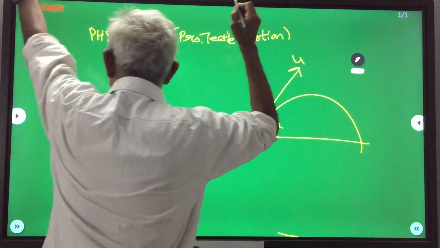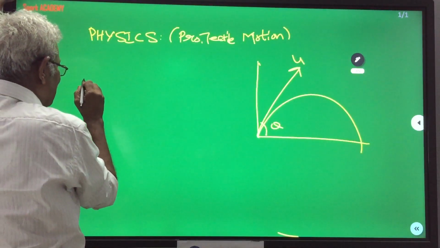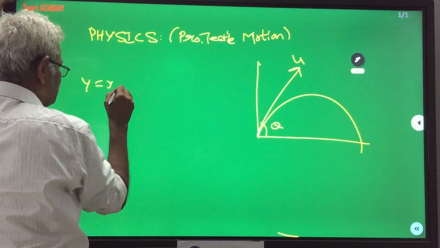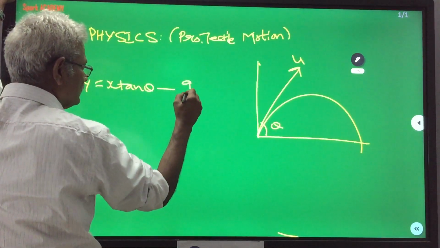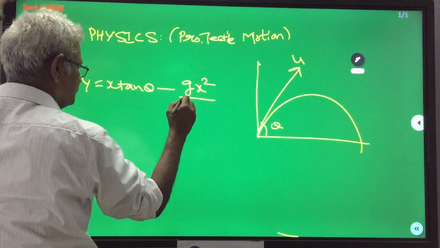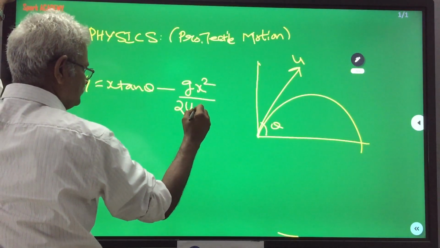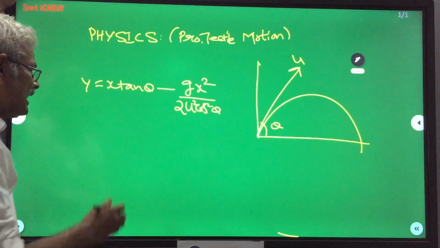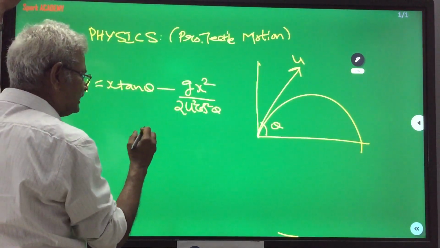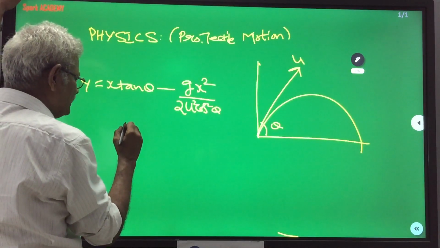I have written quadratic in theta here, but it should be quadratic in tan theta. So y is equal to x tan theta minus... I will convert it into a quadratic in tan theta. So that means here, what is cos square theta?